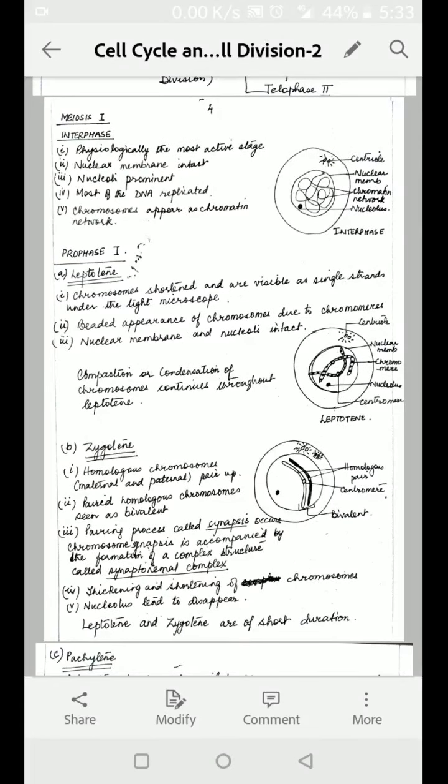Zygotene is that stage in which the homologous chromosomes, that is one set of chromosomes that are maternal and the other that are paternal, they will pair up, they will come together. The paired homologous chromosomes are then seen as bivalents, that is, 2 chromosomes that are coming together, and later each of these chromosomes will be divided into 2 chromatids.